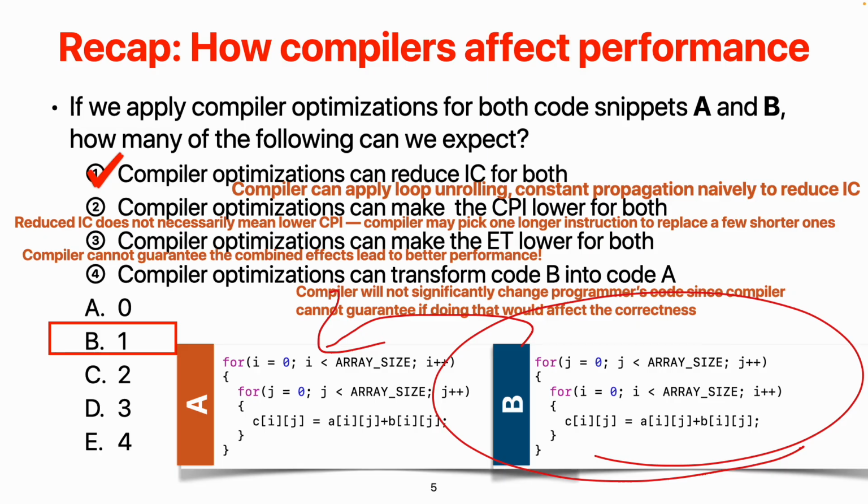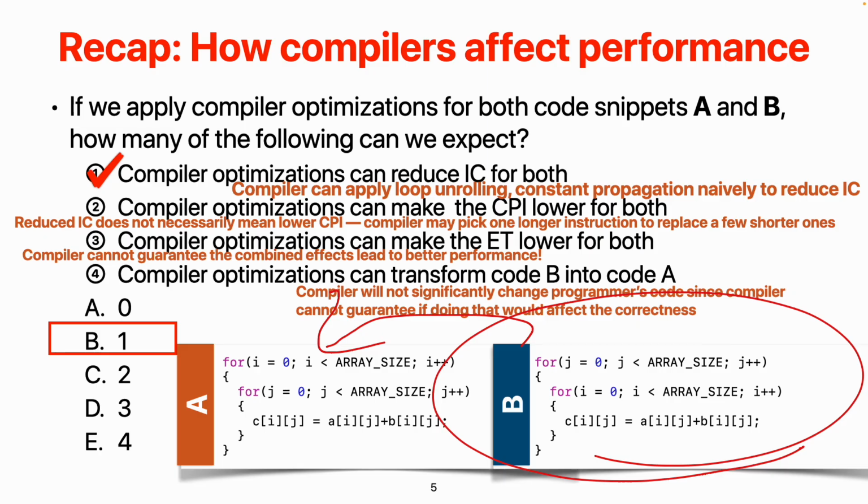So they don't want to bear the risk of any change that could potentially render your algorithm to have a different result from the original intention of the programmer. So it can only perform very conservative optimization to not get the result wrong.